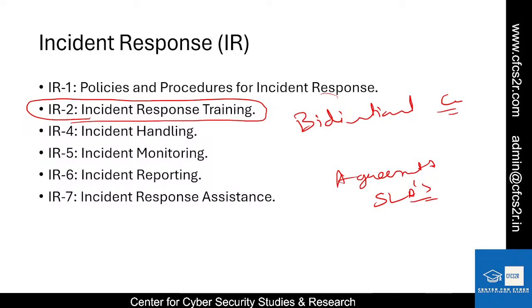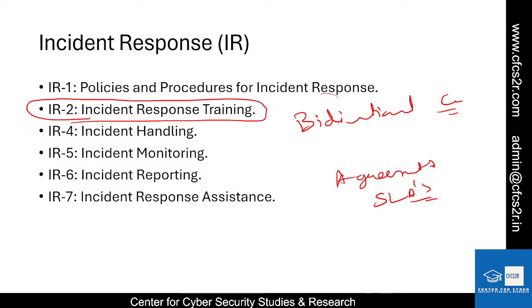Then testing of the incident response is very important. You must test the incident response. Then incident handling is the important part. IR4, incident handling: you should be able to find out the suspected cybersecurity supply chain event that may trigger the organization's supply chain risk management incident handling process. The incident handler should be able to identify that this could be a possible trigger on which I can initiate my process.